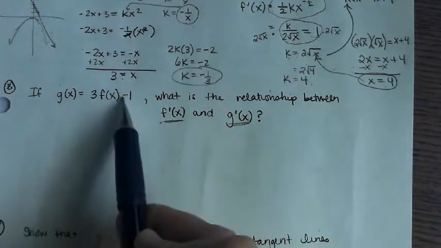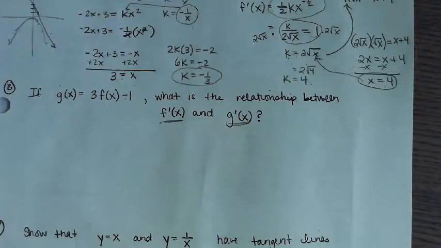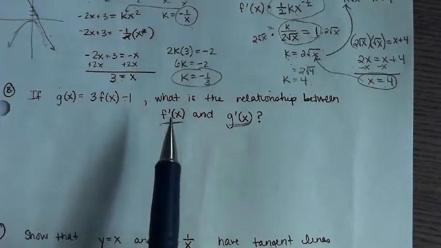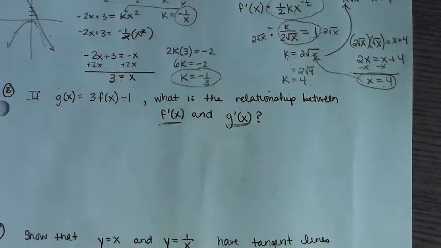Okay. The down one doesn't matter. So what would the derivative of one of these be relative to the other? What would the relationship be? No, I don't think you're wrong. I think you're right. I think you are not explaining it well.